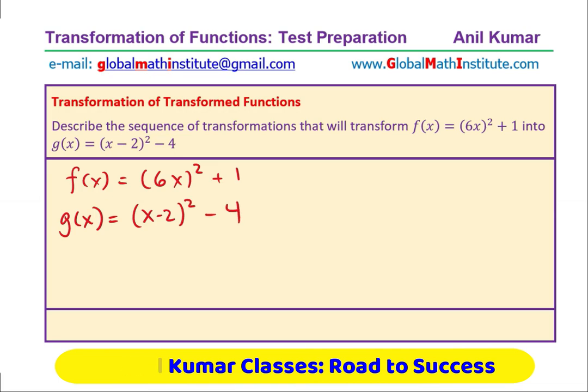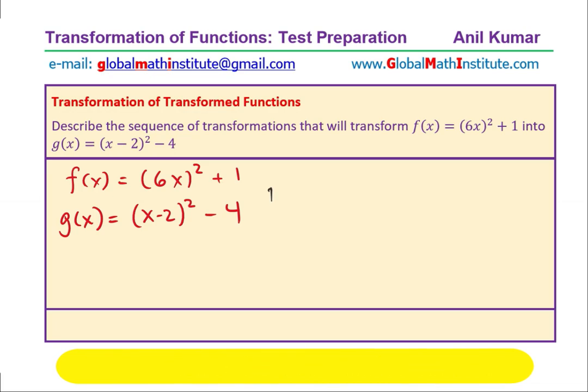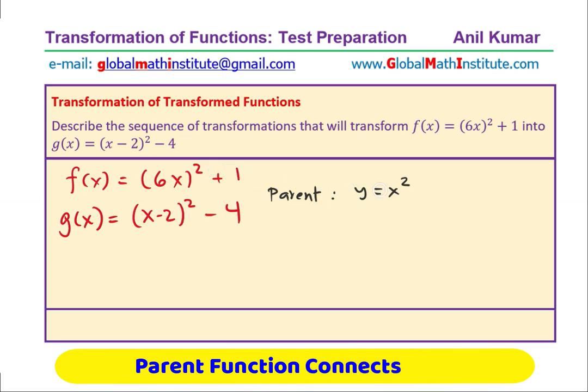Now, to check, we can actually check with the parent function. So we'll involve a parent function here. The parent is y equals x squared, right? So let's take a good point on y equals x squared so that we could correlate the two. If I take a point on y equals x squared as x equals 6, whose square is 36, then (6, 36) becomes a point on y equals x squared.